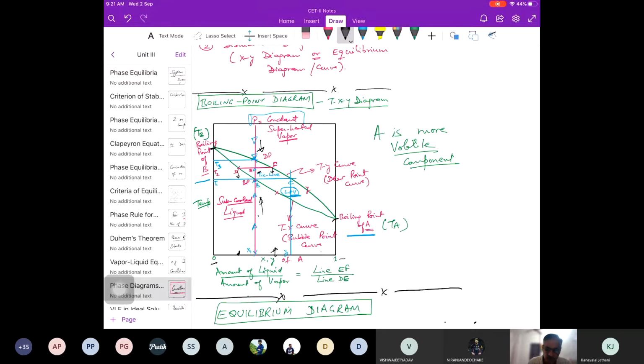So अगर हमने boil किया liquid, so it will form a liquid and vapor, where vapor will have more of the lower boiling component and liquid will have less of the lower boiling component, and that will help to separate the lower boiling component. तो वेपर को कंडेंस किया तो हमारे को ज़्यादा रिच लो बॉइलिंग कंपोनेंट मिलेगा, लिक्विड में ज़्यादा रिच हाई बॉइलिंग कंपोनेंट रहेगा. That is the principle of distillation. Is this understood?